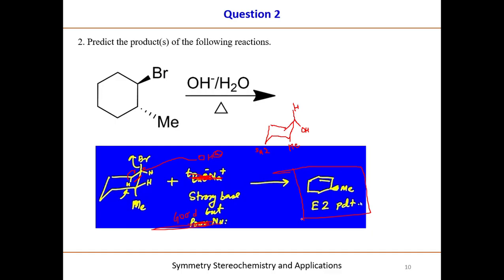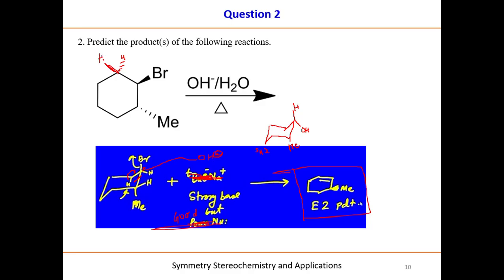Is it possible in another way? No. Why not? Here, as you can see, we have protons on the front side as well as the back side, correct? So the proton which is anti-periplanar to the bromine can leave from here, correct?